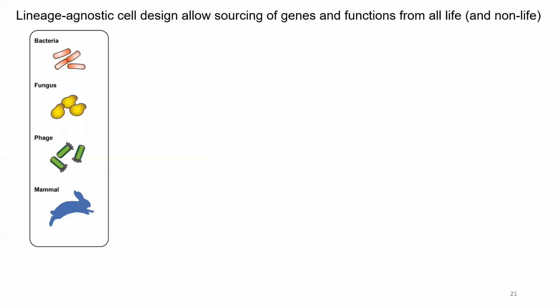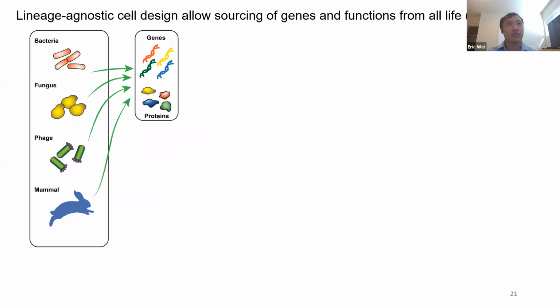So if we go through this idea of lineage-agnostic cell design and building of genomes, we're afforded to use genes and proteins from all forms of life. Of course, we may not want to. The cost is all the enzymes or all the proteins in bacteria have been co-evolved to work well together in a defined environment.